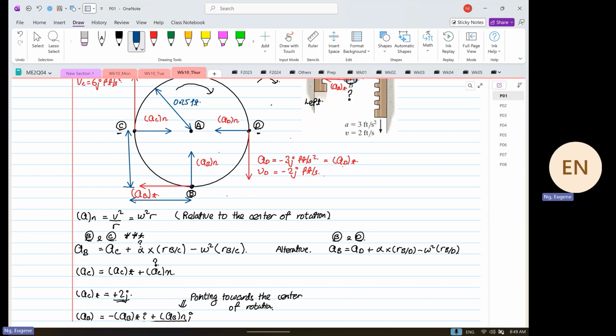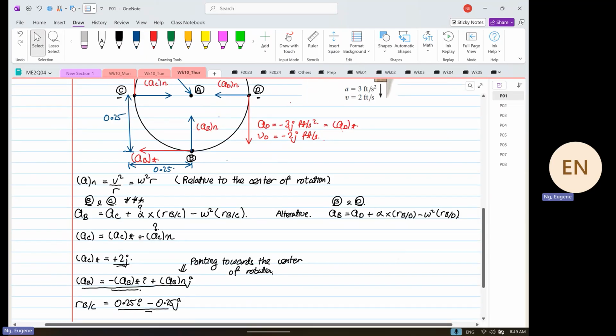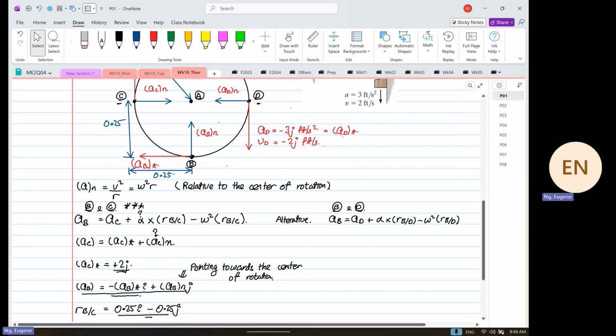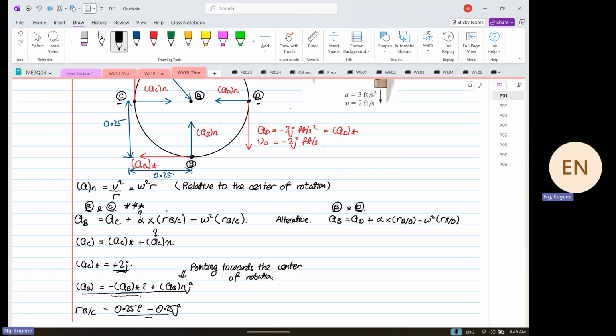So we know that this is 0.25. We're also aware that from here to here is 0.25. So with reference C, going to point B is positive 0.25i minus 0.25j. So we know this.